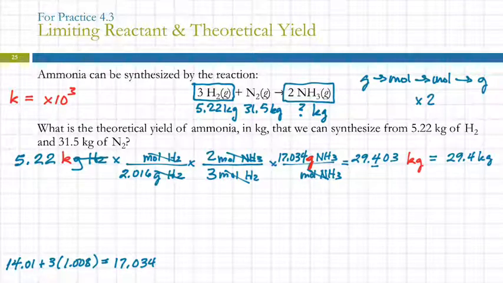So we did half of it now. That's the one ingredient. Now we're going to do the other ingredient. So the other reactant is the nitrogen. So we got 31.5 kilograms of nitrogen.